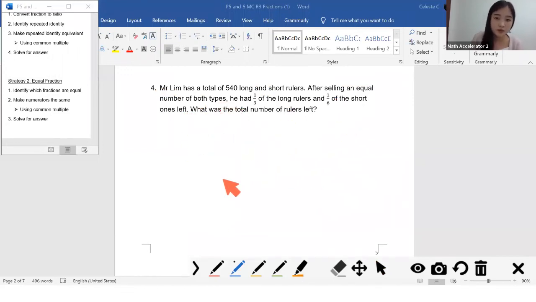And then along the way, you check whether you're doing the same thing as me. Okay, so Mr. Lim has a total of 540 long and short rulers. After selling an equal number of both types, he had 1/3 of the long rulers and 1/6 of the short ones left. What was the total number of rulers left?